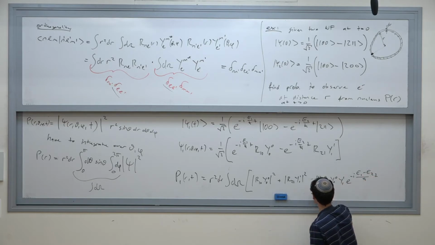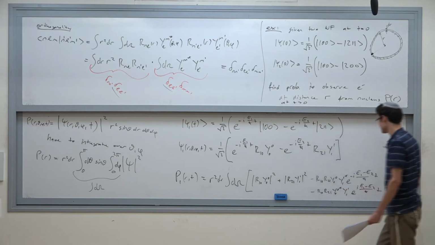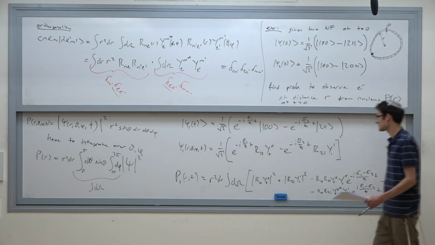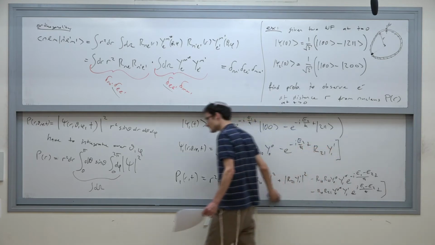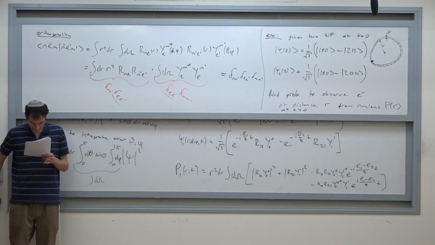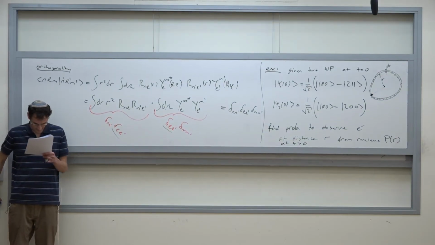And then there's another one like this, which is the complex conjugate of this one. So after you do quantum mechanics for a couple of years, it becomes simple to write down these functions and these expressions. Now notice what happens.